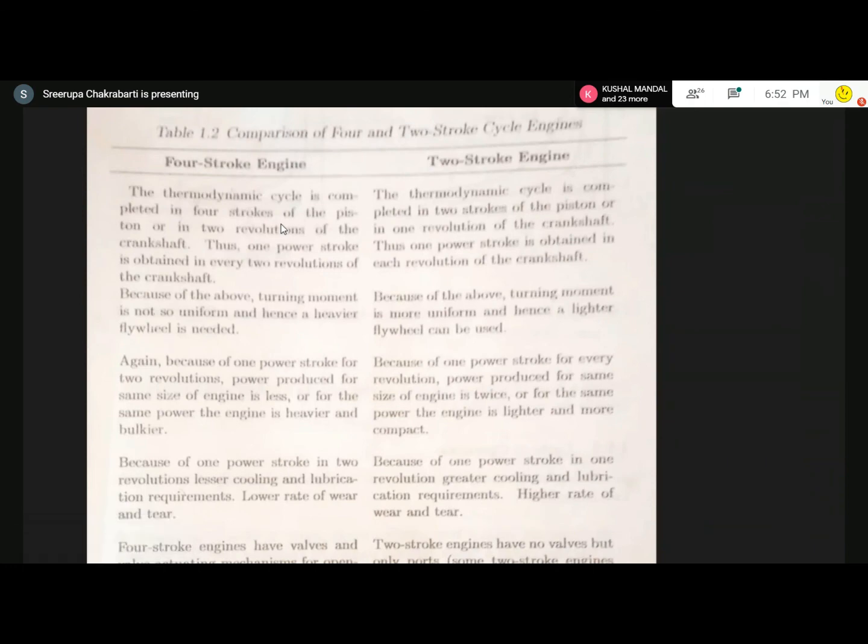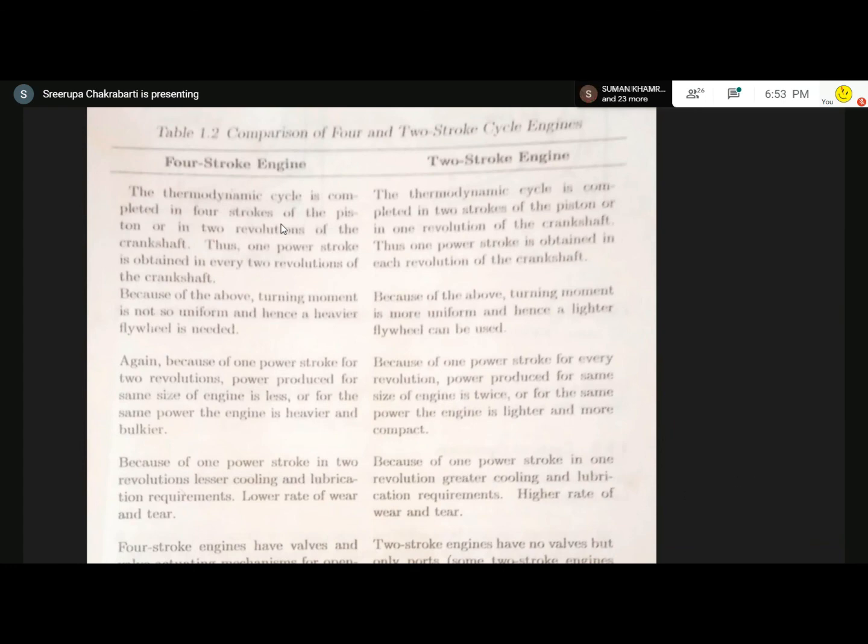For each degree rotation of the crankshaft, if you plot the torque T versus theta, you'll find that within 0 to 720 degrees of theta, the value of T changes quite a lot. And for a two-stroke engine, 0 to 360 degrees theta, the value of T also changes quite a lot.